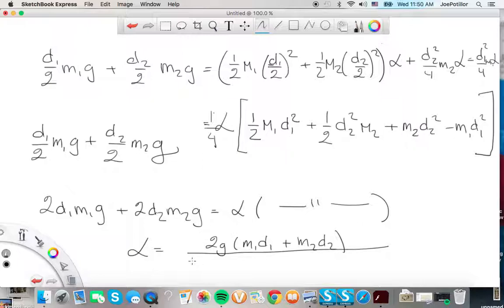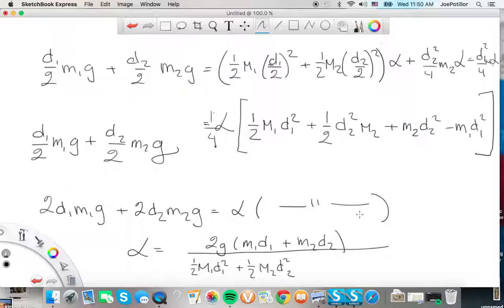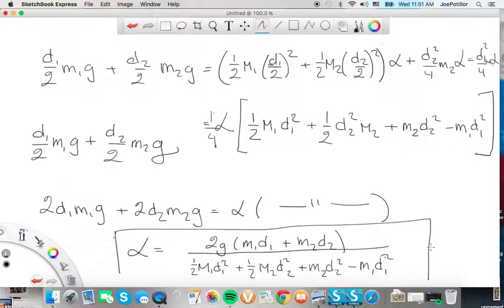So we'll just leave it as such. 1/2 m1 d1 squared plus 1/2 m2 d2 squared. And if I really wanted to do a bunch of algebra, I could at this point, but there's no need to, so we're not going to. Plus m2 d2 squared minus m1 d1 squared. This is the angular acceleration expression you should have.